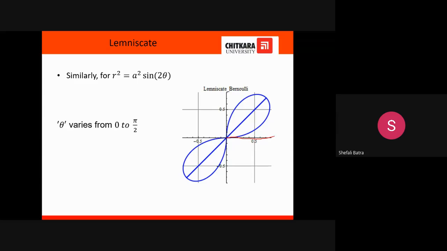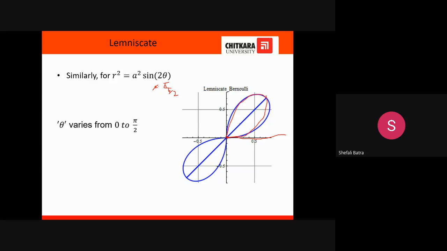Theta is equal to 0, so here the point will remain 0. When you put theta is equal to pi by 4, it becomes 2 into pi by 4, sine 90, that is equal to 1, so r is equal to a, so the value would increase from 0 to a. Right? And then it comes from a to 0.